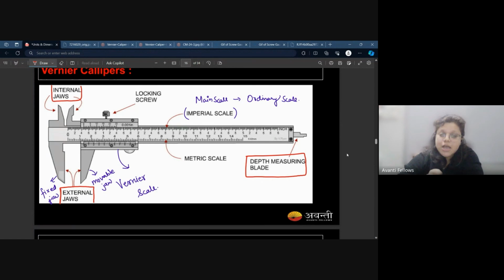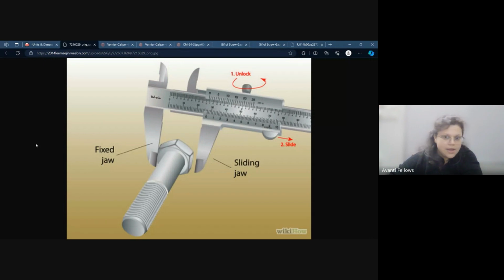From this device, you can calculate the length, breadth, and height of any regular object, or the diameter of some object, by inserting that object in between the external jaws. Okay? See, just look at this particular figure. I want to calculate the dimension of this screw. So what I did, I put this screw in between the external jaws. As you can see, this sliding jaw is something that you can slide over.